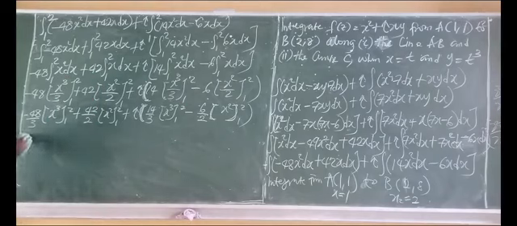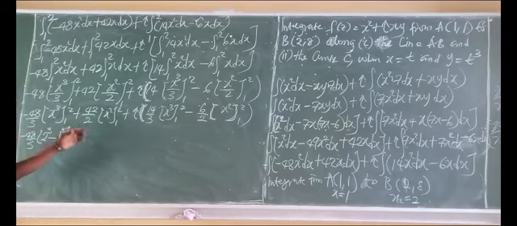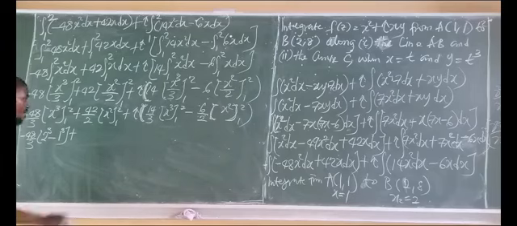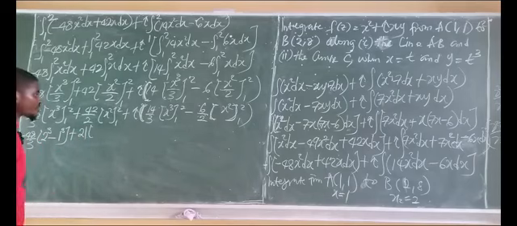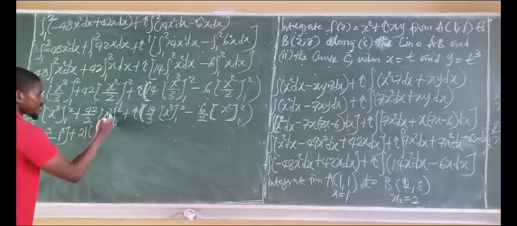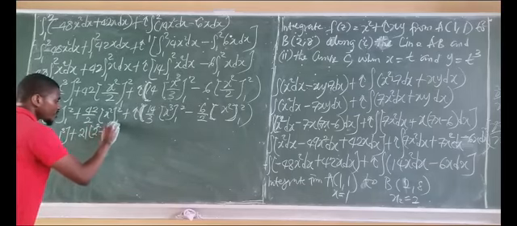This is minus 48 over 3 into, upper limit comes first, so I have 2 to the power of 3 minus 1 to the power of 3. So upper limit minus lower limit, plus 42 over 2, which is actually 21. So we have 21 into, putting the limit, upper limit comes first. You have here x squared, so it becomes 2 squared minus 1 squared.